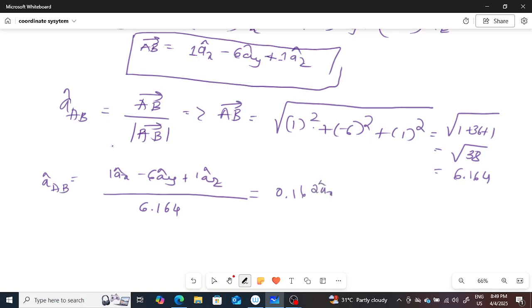Try to verify the calculations. Minus 0.973 ay plus 0.162 az. This is the unit vector.